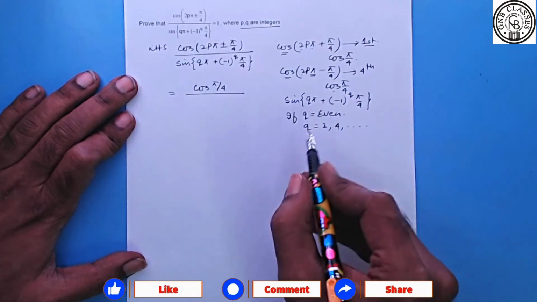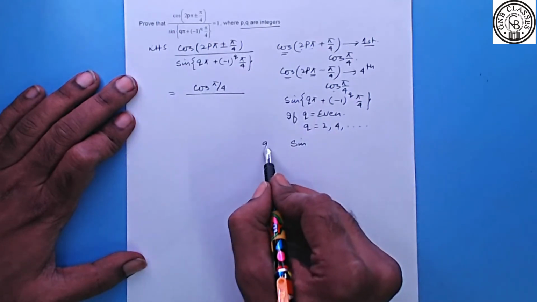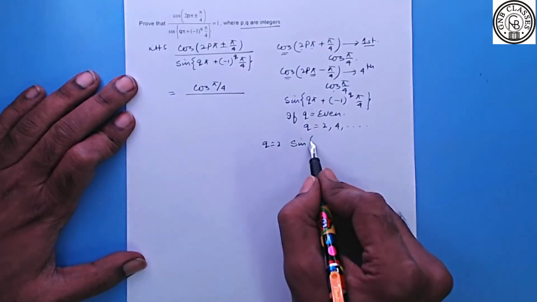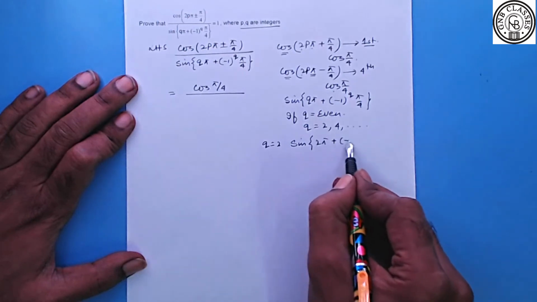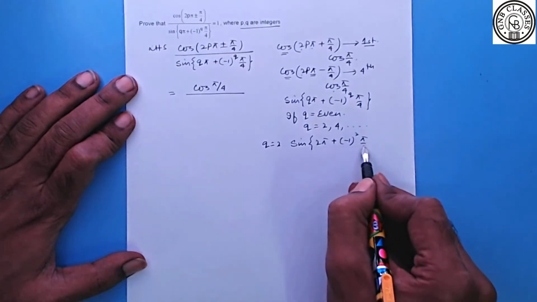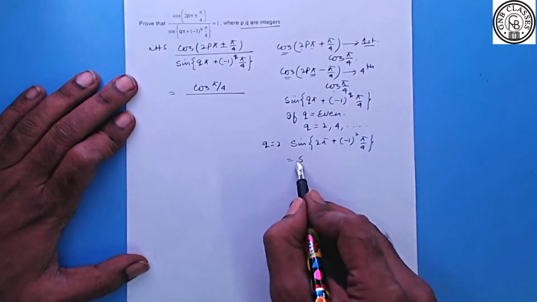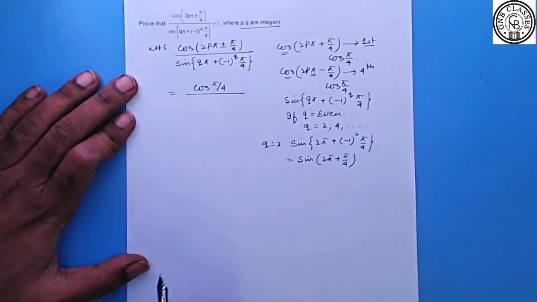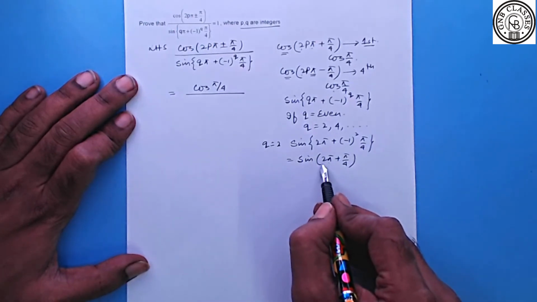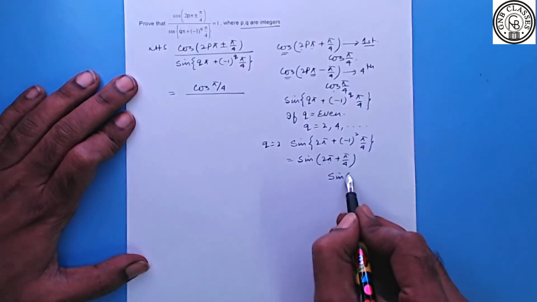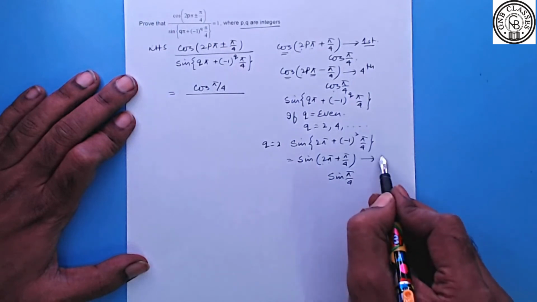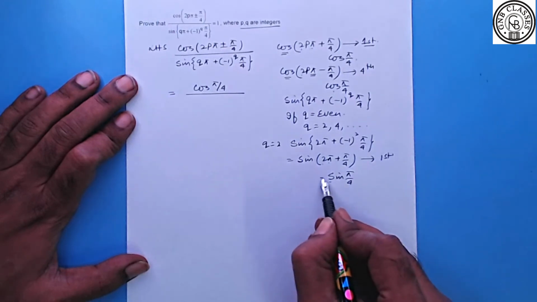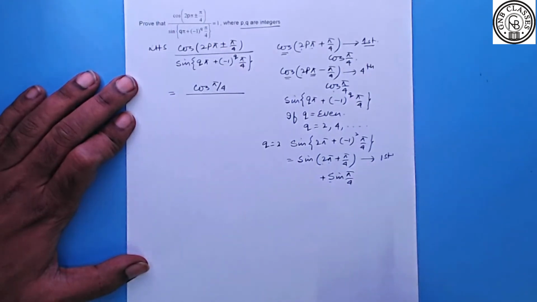Sin(2 pi plus minus pi by 4) whole square, that gives you what? Sin(2 pi plus pi by 4). Multiple of pi is even, so sin will remain sin, falling in the first quadrant. In the first quadrant sin is positive, so it will be sin pi by 4.